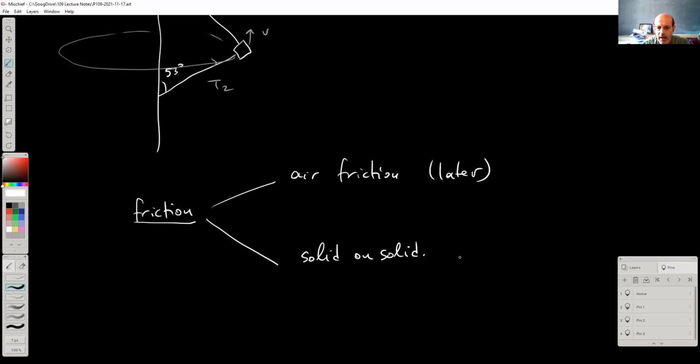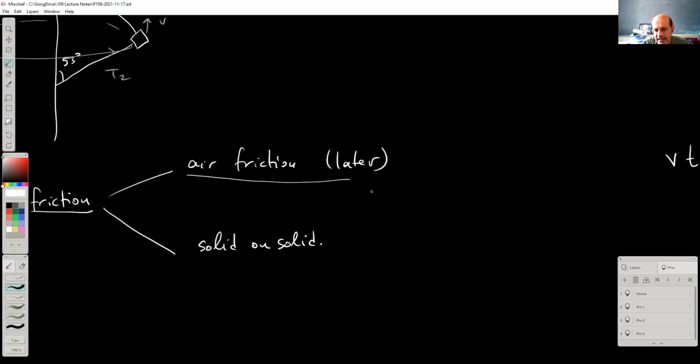The air friction can be thought of as the friction of an object moving inside a fluid. You can also deal with water friction, for example. If you are moving inside water, there will be a similar kind of friction. So this is friction when moving inside a fluid.